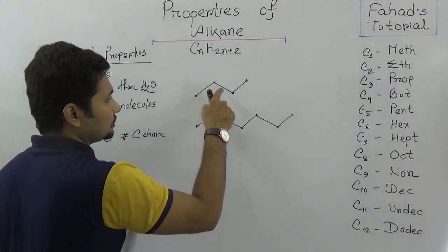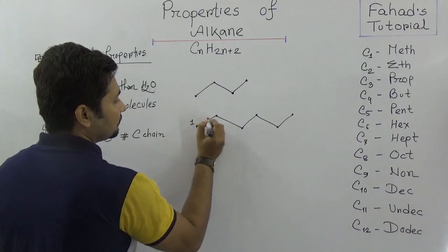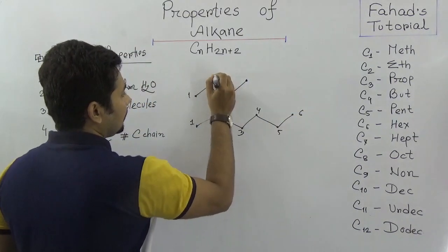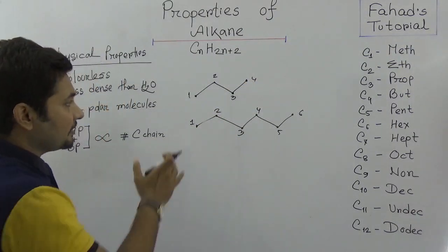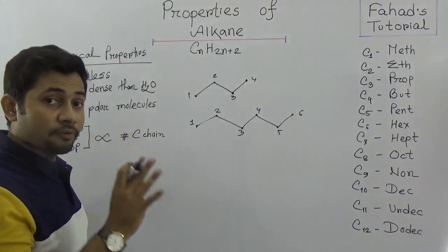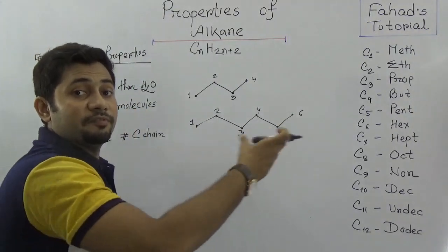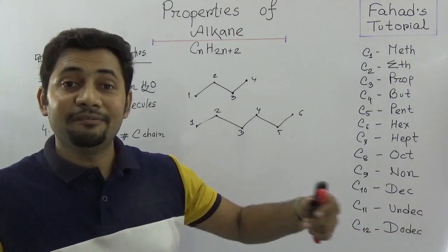So there are 1, 2, 3, 4 carbons, and there are 1, 2, 3, 4, 5, 6 carbons. In one molecule 4 carbons are attached together, but there are 6 carbons in the other. So as the number of carbon increases, the number of sigma bonds or single bonds increases every time.